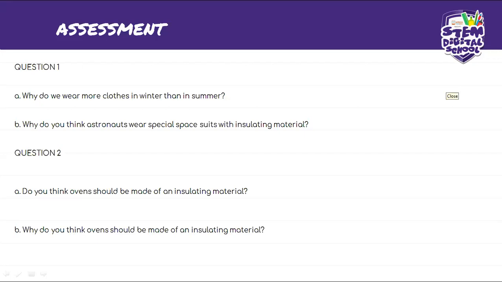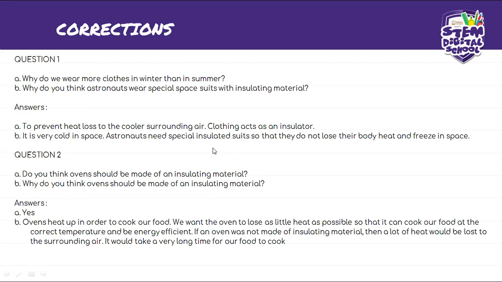Okay, before I go on, the answer for question 1B. It is very cold in space, so astronauts need special insulated suits so that they do not lose their body heat and freeze in space. Somebody sent an answer which is very good. And for 1A, to prevent heat loss to the cooler surrounding air, clothing acts as what?